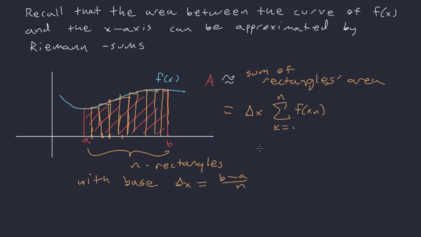Okay? So the idea of what a definite integral is, is taking the limit of this, as either n goes to infinity or delta x goes to 0, to get the actual area.